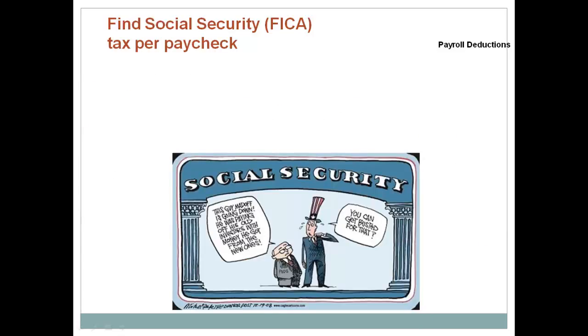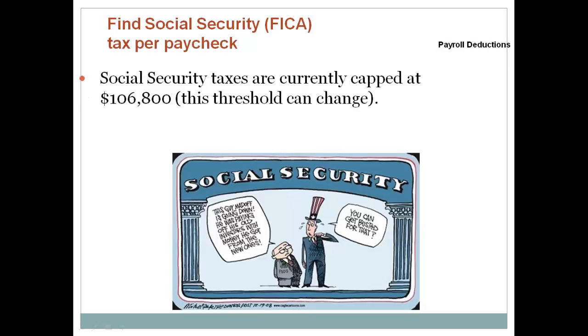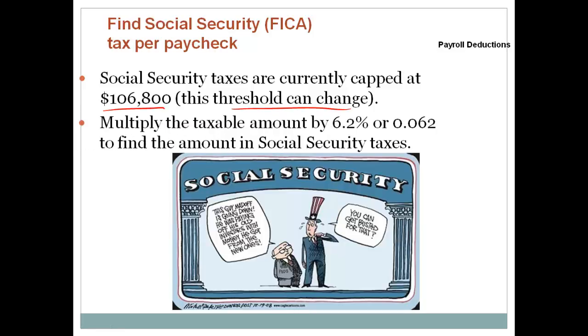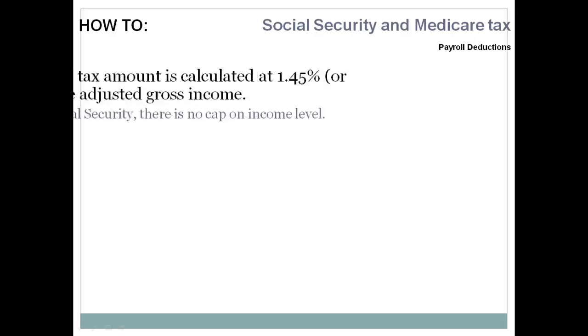So to find FICA, or Social Security withholding, per paycheck, we want to remember that we have this threshold, and of course it's an act of Congress, so that can change as well. And we multiply the taxable amount by 6.2% or 0.062 to find Social Security. That's the same for everybody no matter what. It's 6.2% unless Congress decides to change it.